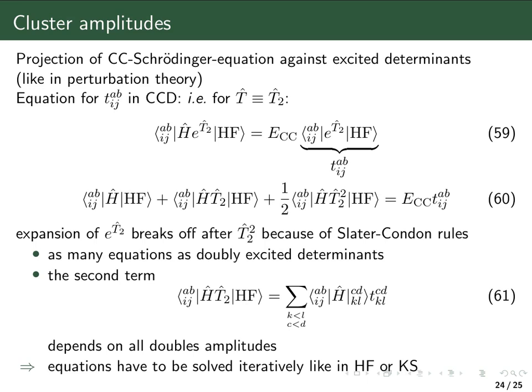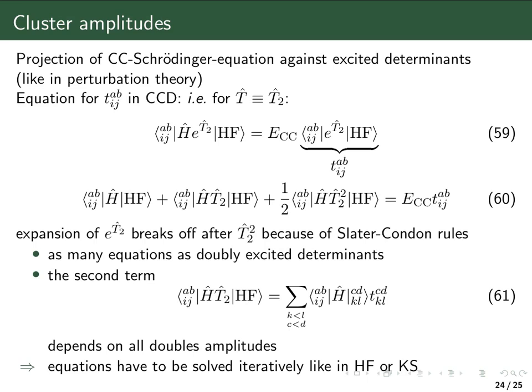And if I look at this now, let's look over here. This is again just an overlap integral. It's the overlap between a doubly excited determinant and the sum over all doubly excited determinants multiplied with their coefficients. And of course, the overlap between two determinants is 0 as long as it's not exactly the same determinant.